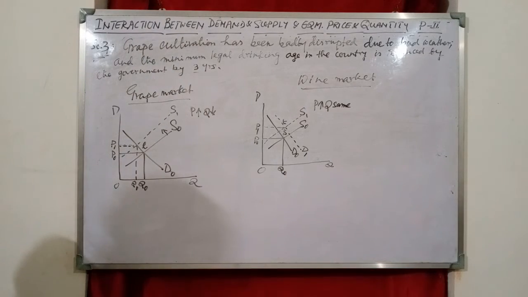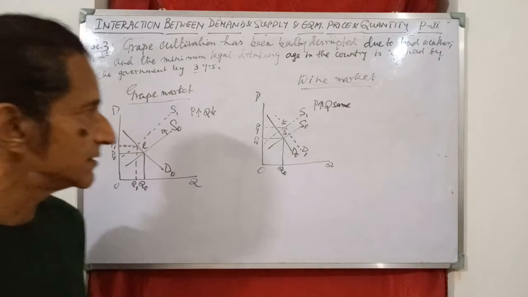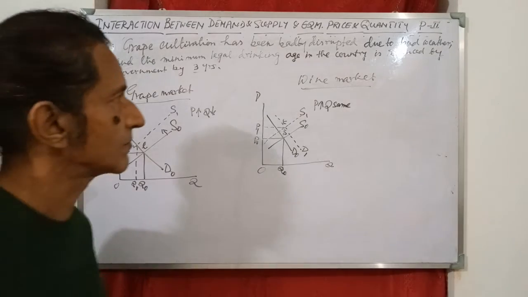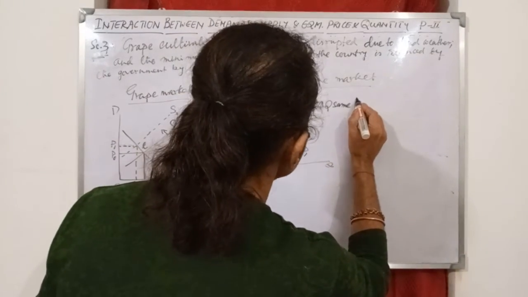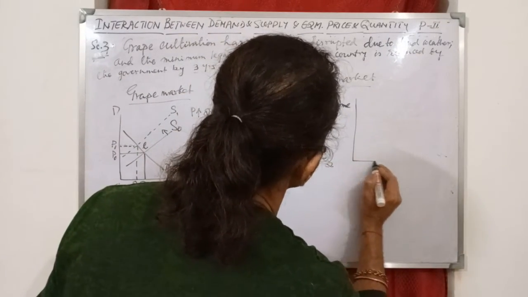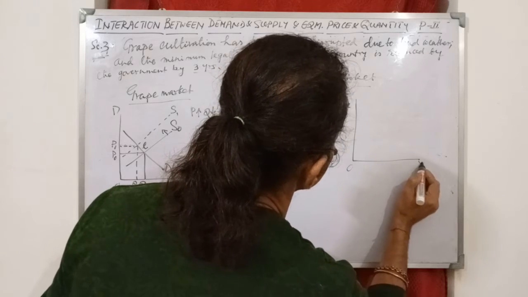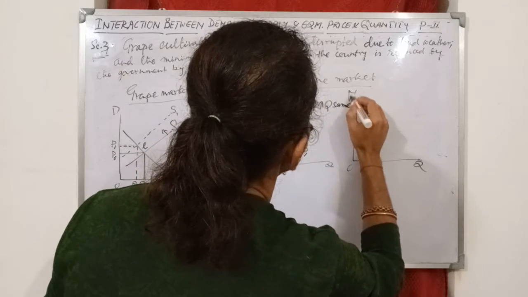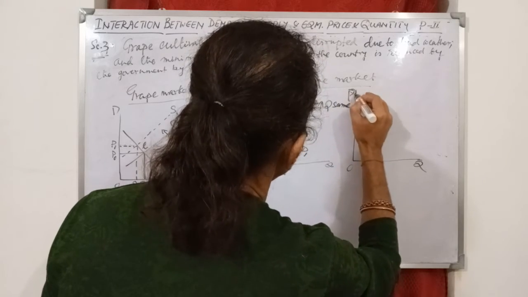But it is not necessary that this will happen. This may not happen also. That is, there will be a change in price as well as in quantity. And I am showing that in this diagram. Q and P on the x-axis and y-axis respectively.